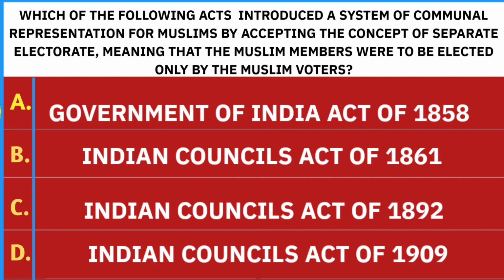Which of the following acts introduced a system of communal representation for Muslims by accepting the concept of separate electorate, meaning that the Muslim members were to be elected only by the Muslim voters? The right answer is D. Indian Councils Act of 1909.